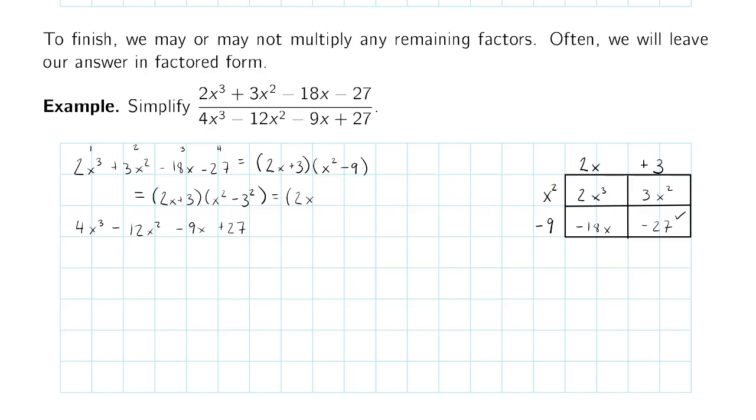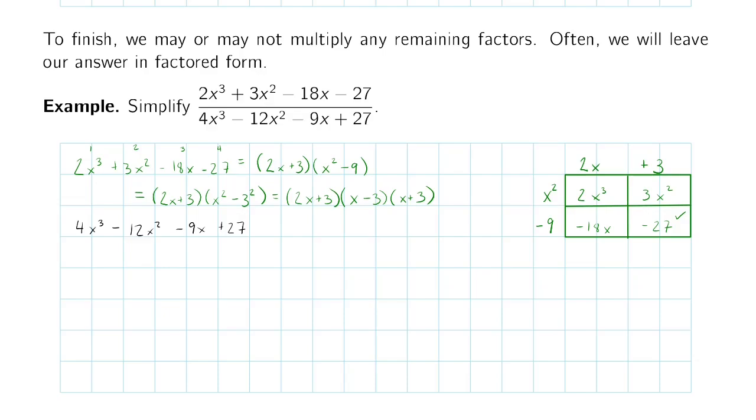I just copy the 2x + 3, and then I'll have an x - 3 and an x + 3. So my numerator, when factored fully, gives me (2x + 3)(x - 3)(x + 3).